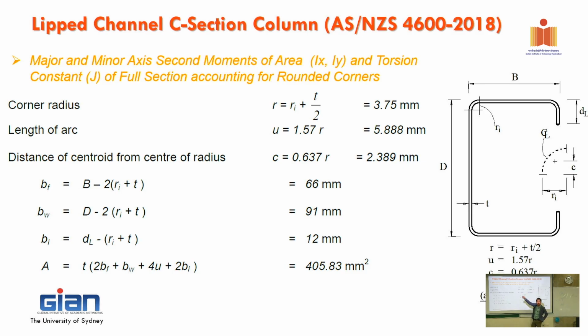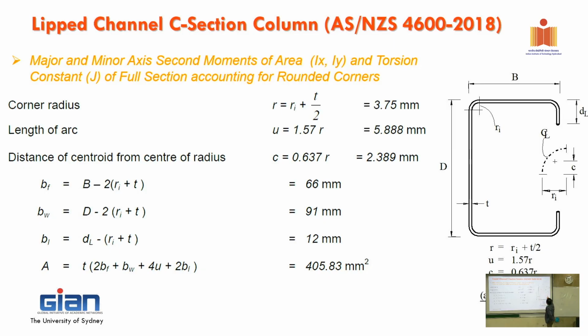Why T on 2? Because you consider the center line of the thickness, right? So here you get R plus T on 2, and we calculate the center line dimensions. So we can calculate U.